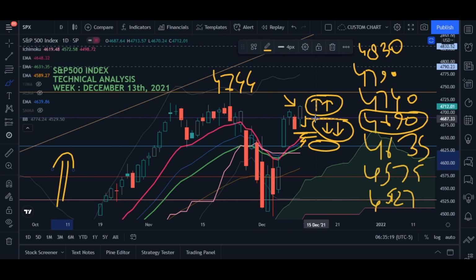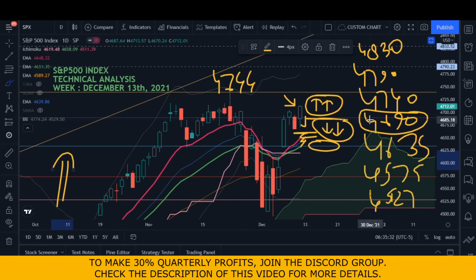In the coming week, this 4690 will drive the market in either this direction or this direction. But again remember, 4744, the previous high of the market, is the very critical resistance.